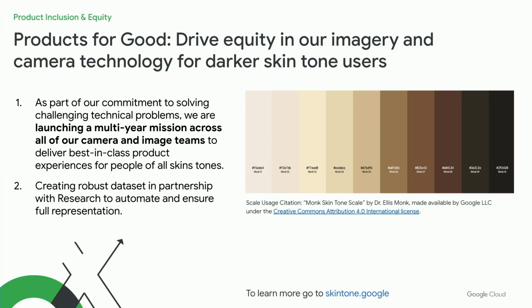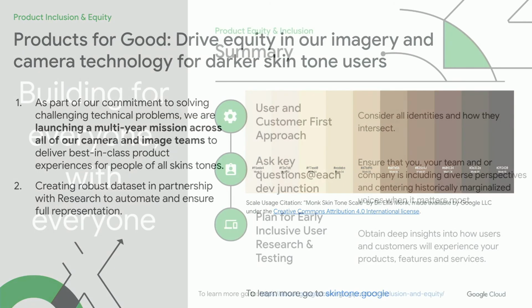Creator brands and publishers will be able to use an inclusive schema to label images with attributes like skin tone, hair color, and hair texture. All of this is part of our ongoing commitment to ensuring that the web is as representative as our world. To learn more, go to skintones.google.